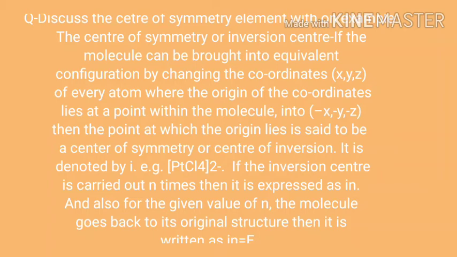It is denoted by I. Here we are going to change the coordinates x, y, z into minus x, minus y, minus z. That is, we have changed only the sign. Before it was plus and then it became minus.